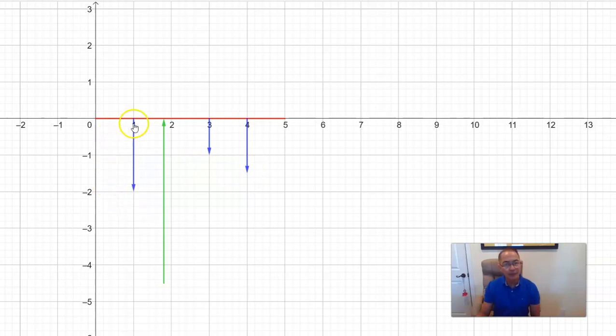If we were to use the actual numbers, the moment of this guy is 2 times 1, but the moment of this guy will be 1.5 times 4. Oh, so actually it's greater. And this guy will have moment 3 times 1.